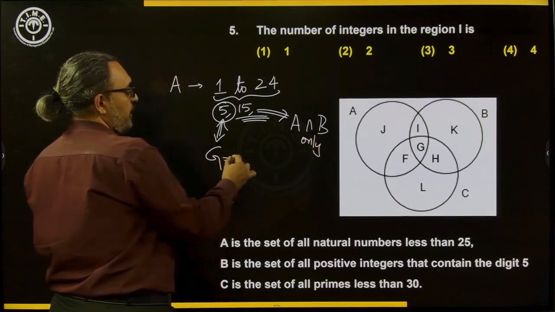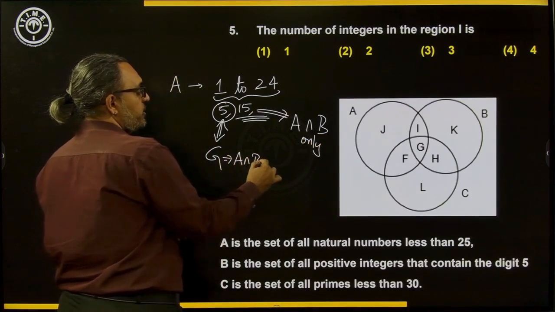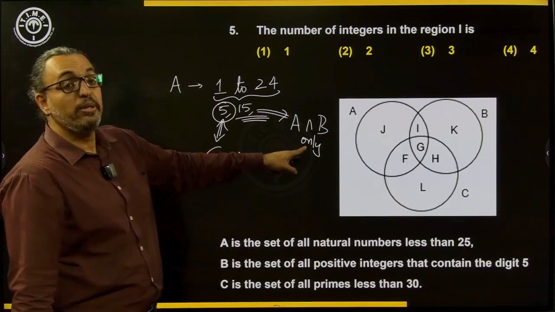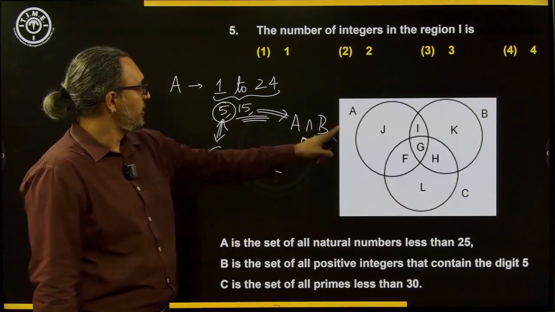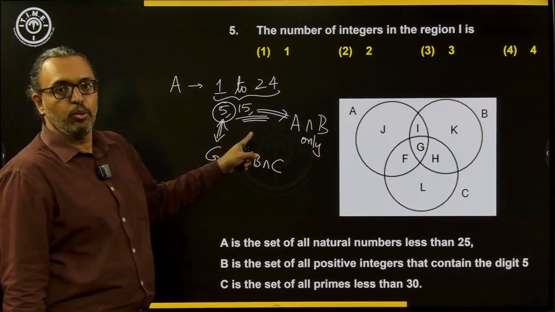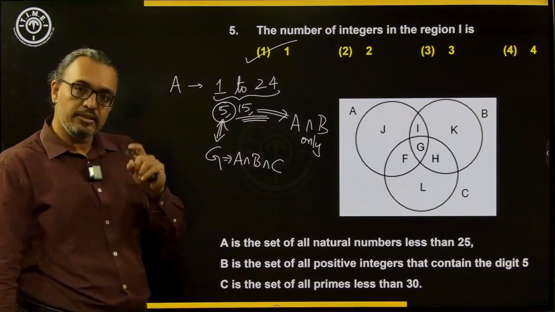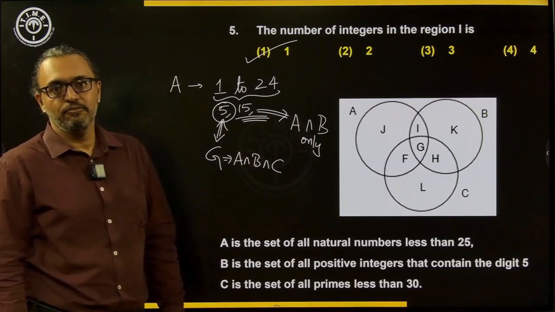Because G is nothing but A intersection B intersection C. Correct? So A intersection B only is I. So 15 is available in both. So answer will be first option. Number of integers is 1. Understood?